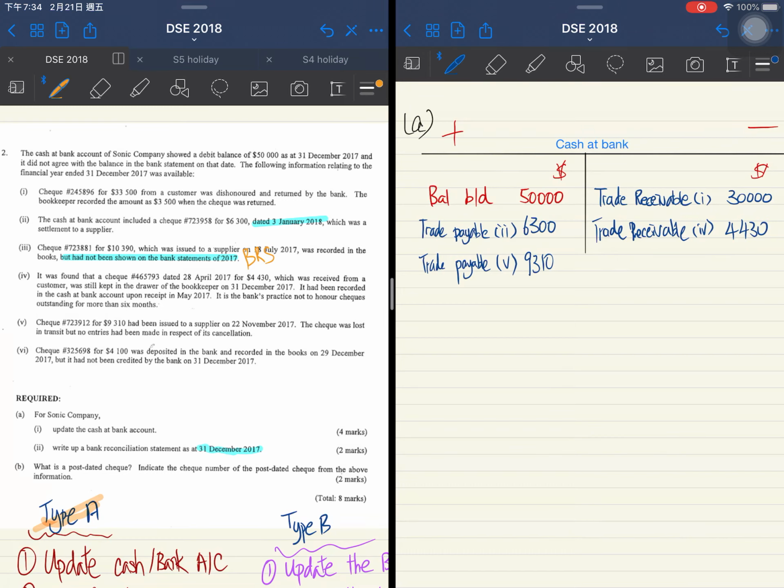So number 6, check 325698 for 4,100 was deposited in a bank and recorded in the books on 29 December, but it had not been credited by the bank. So the bank had not credited it, so this is also a BRS item, an uncredited check.